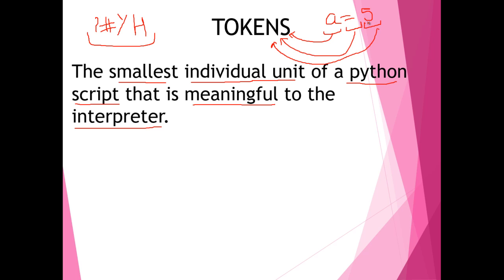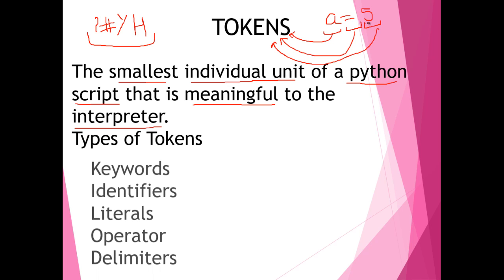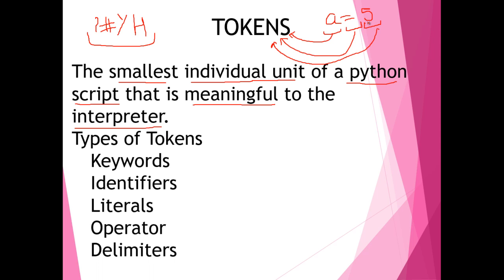After knowing about tokens, let us see what the types of tokens are. We know the smallest individual unit is a token, but what kind of token is it? Tokens are categorized into 5 categories.